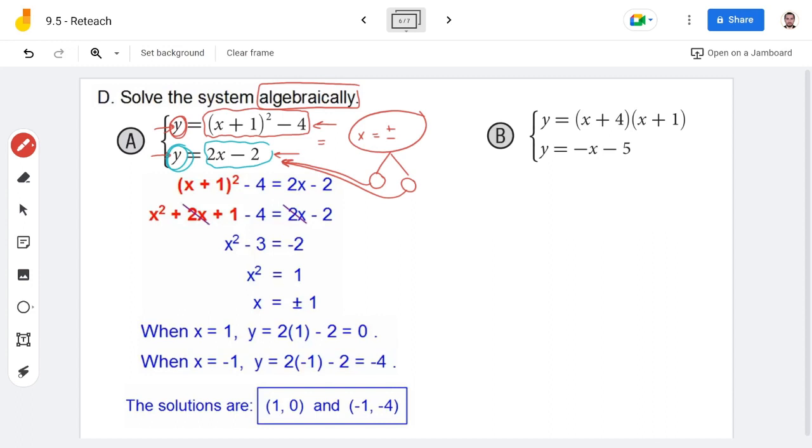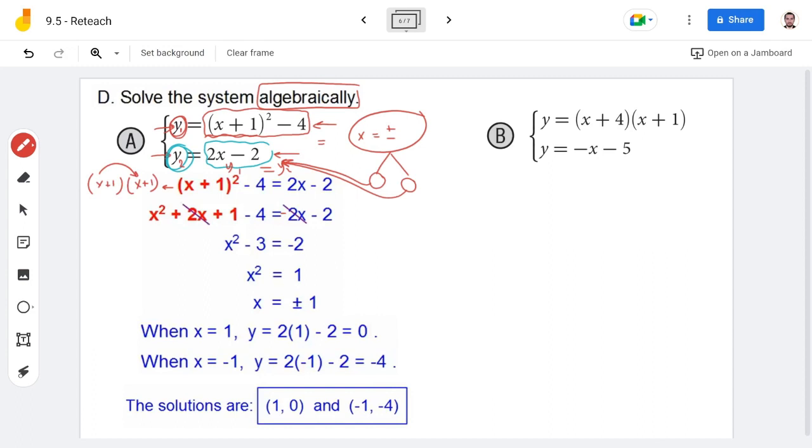Maybe some of you didn't understand, so focus here. The first function is y1 and the second is y2. The only thing you have to do is set y1 equal to y2. So y1 is (x plus 1) to the power of 2 minus 4, equal to 2x minus 2. Just solve this equation. First distribute: (x plus 1) squared means (x plus 1)(x plus 1).